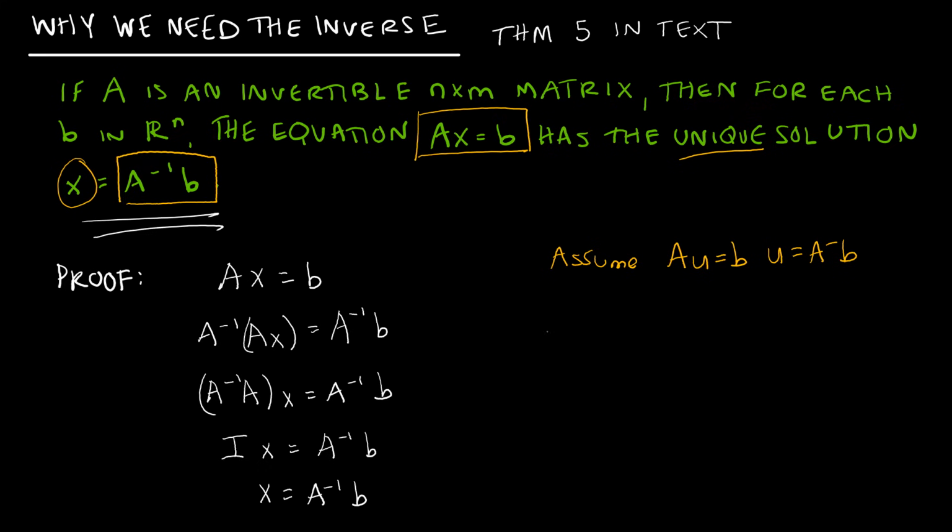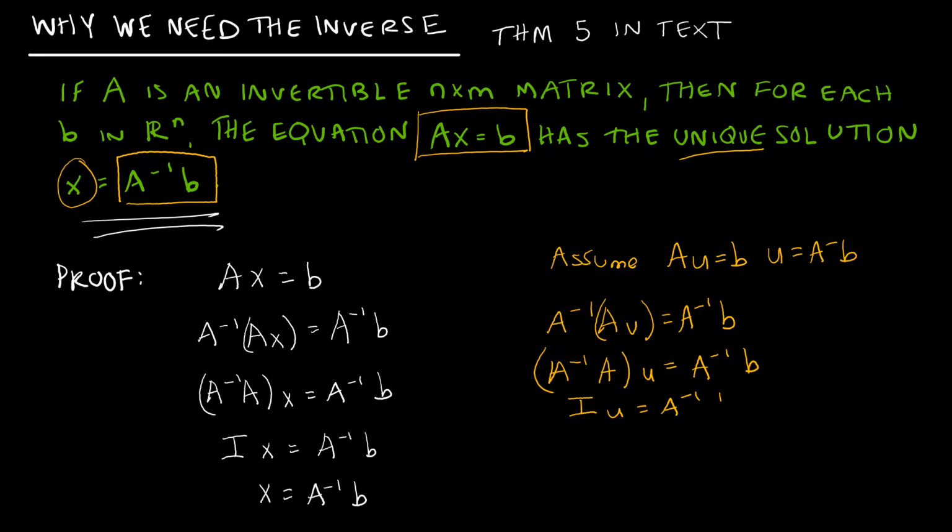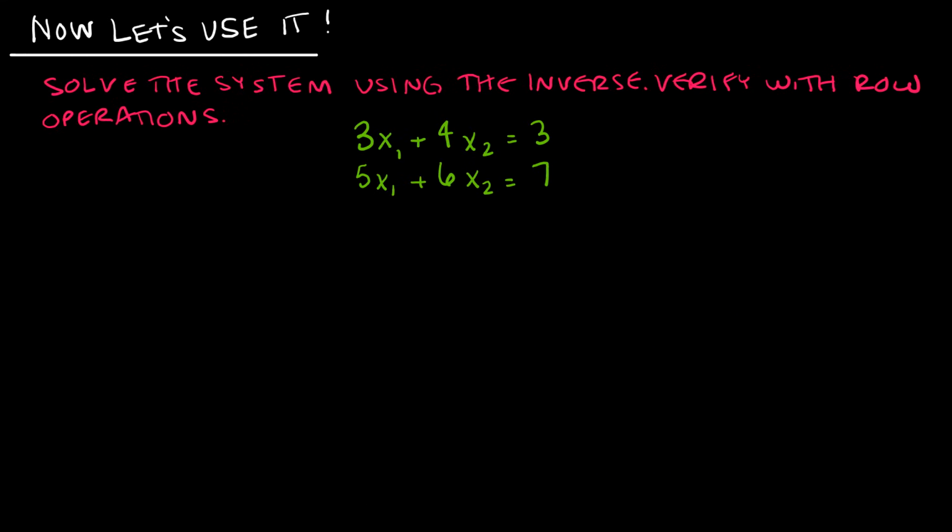So if I take A inverse times Au equals A inverse b, then I can again regroup A inverse A. Sorry, my handwriting's getting a little sketchy. Again, this is the identity, u equals A inverse b, and therefore it is indeed unique.